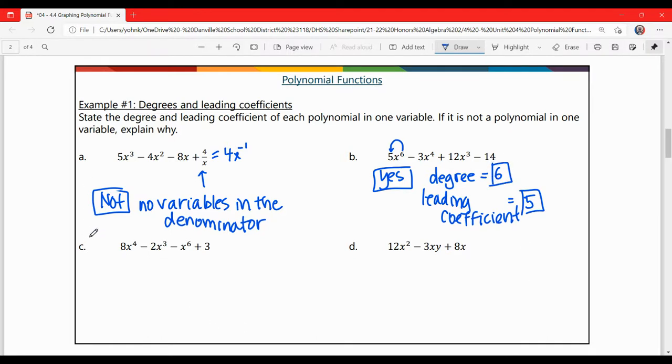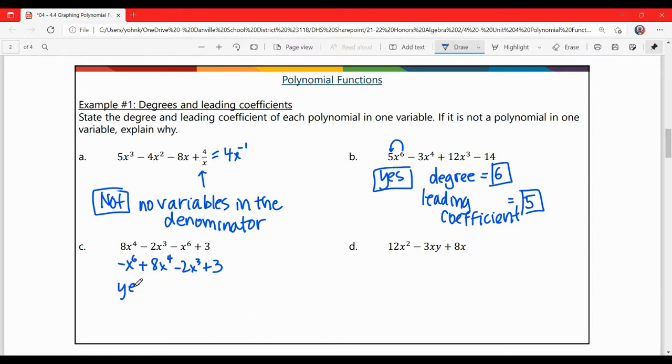All right, if you take a look at letter C, 8x to the 4th minus 2x cubed minus x to the 6th plus 3. First, rewrite it in descending order. So I have negative x to the 6th plus 8x to the 4th minus 2x cubed plus 3. If you don't rewrite it in descending order, you might be tempted to think that this has a degree of 4, when in fact it has a degree of 6.